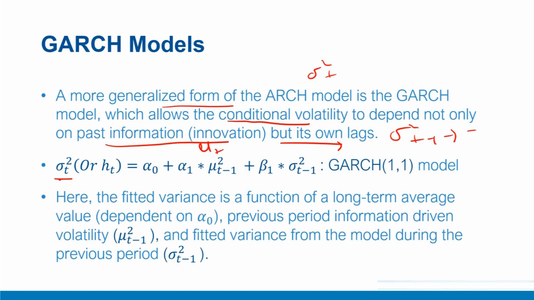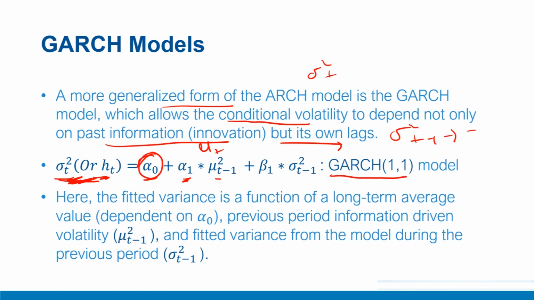Let's see how. Our estimate of volatility, which is sigma square t or ht, has three important components: alpha naught, alpha 1 times mu square t minus 1, plus beta 1 times sigma square t minus 1. This is called the simple GARCH 1,1 specification, and as we'll see shortly, it is a very powerful and useful specification. First and foremost, the term alpha naught makes this model capable of handling what we call the long-term mean reversion property.